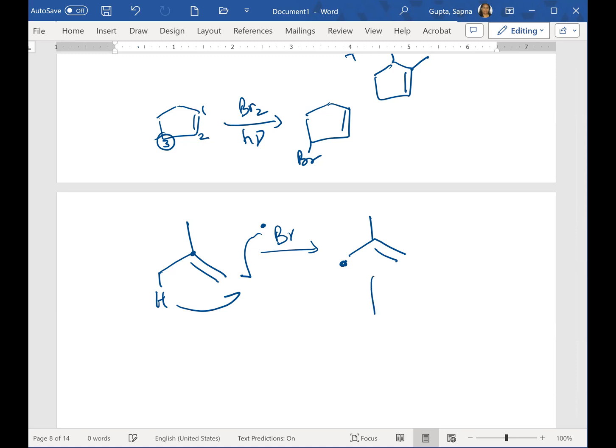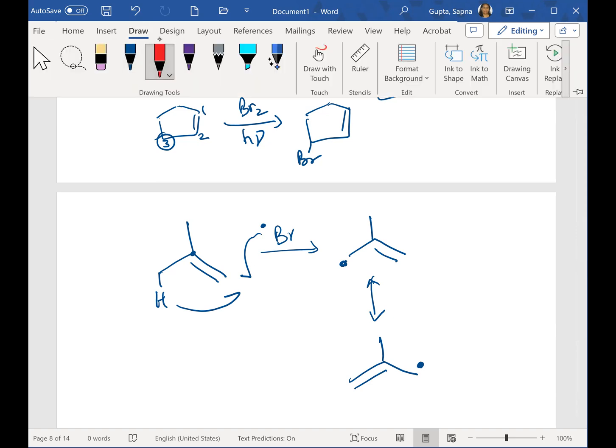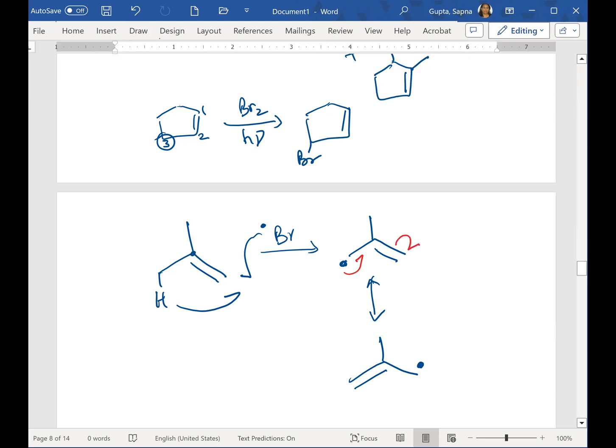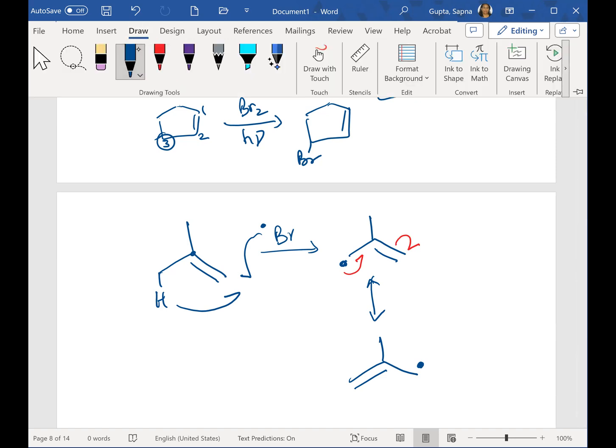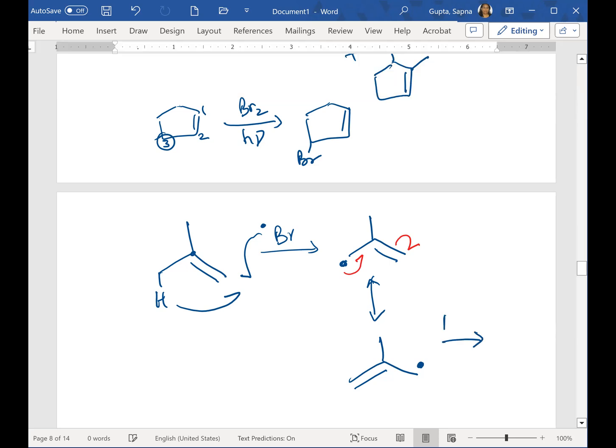Now you can have resonance structures with this one. And if you want to show the arrows, which is always a good idea, here is this, and then here is this, that's moving there. The main thing is that the radical that's forming is very stable.